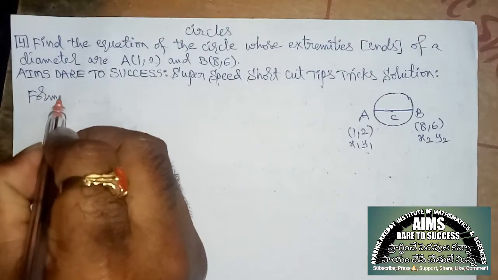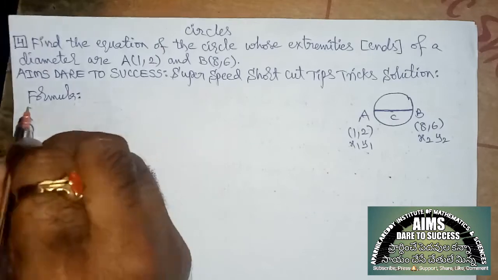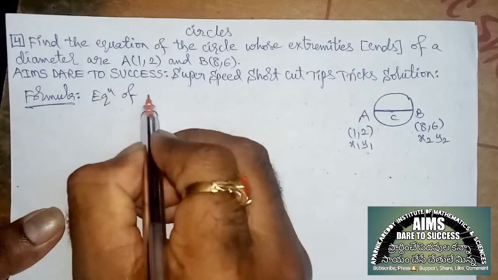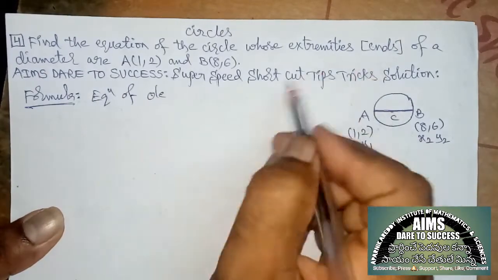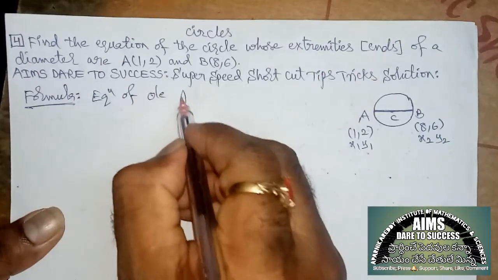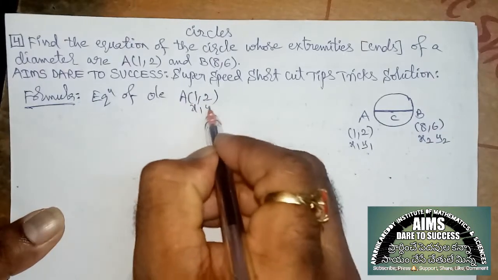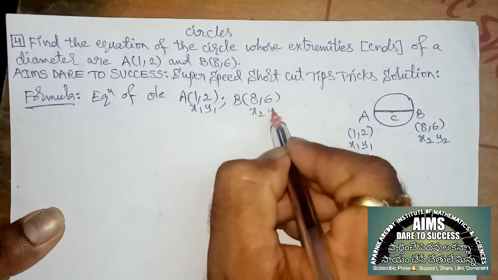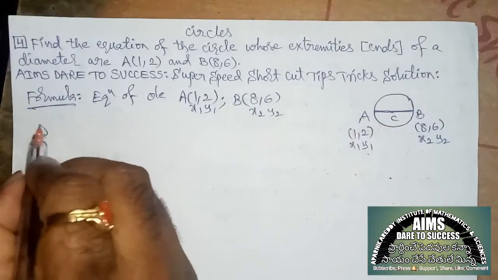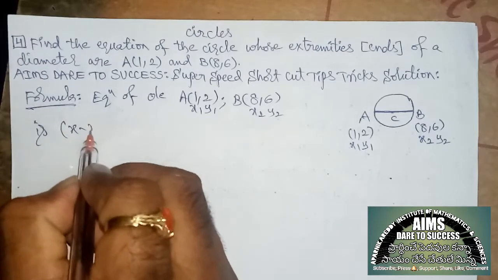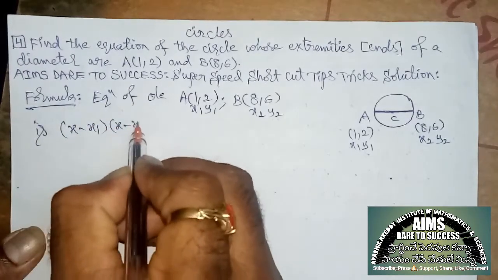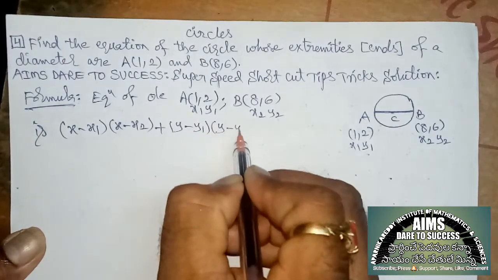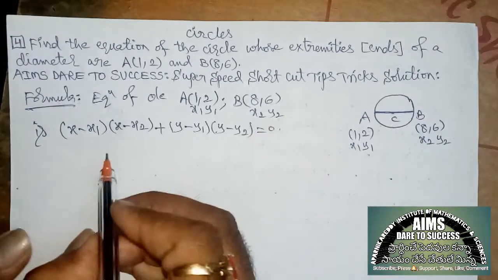Now I am writing the simple and small formula: equation of a circle whose extremities of a diameter A (1, 2) is x1 y1 and B (8, 6) is x2 y2 is the formula x minus x1 into x minus x2 plus y minus y1 into y minus y2 is equal to 0.